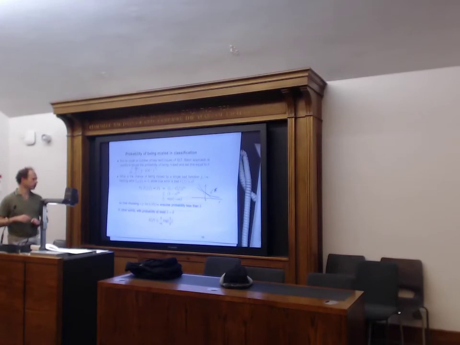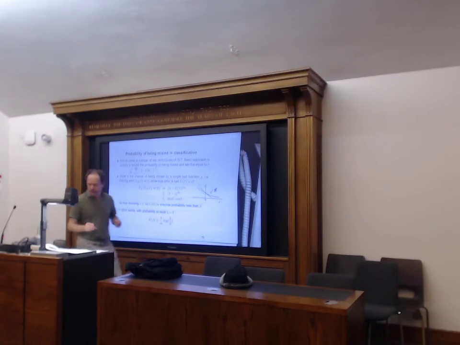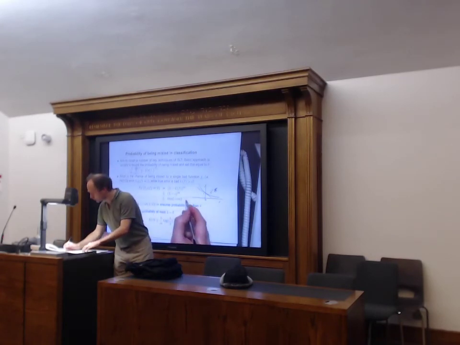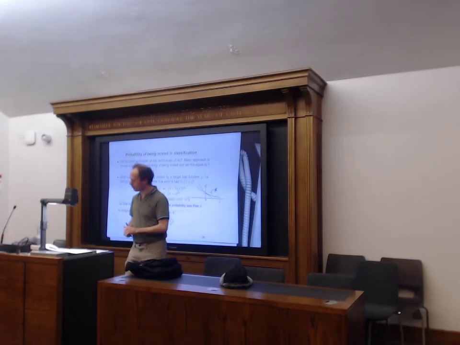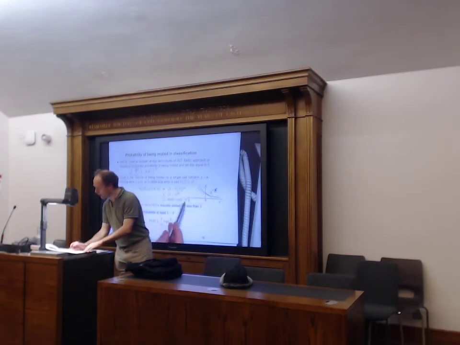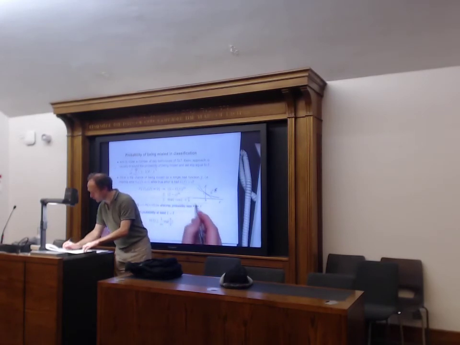So then you set this equal to delta and you solve for epsilon. You take the logarithm, the minus log on both sides, so you get the minus log of that, epsilon n, equal to the log of 1 minus delta, and then you conclude that epsilon is equal to 1 over n log of 1 over delta.